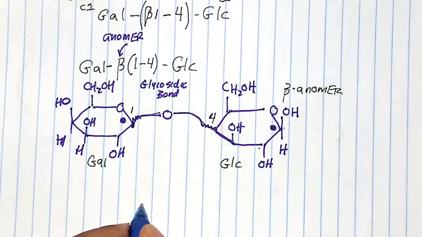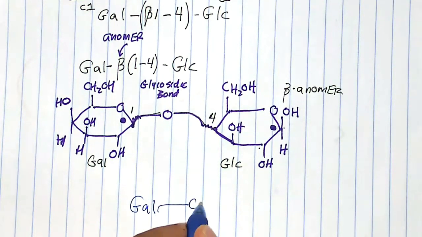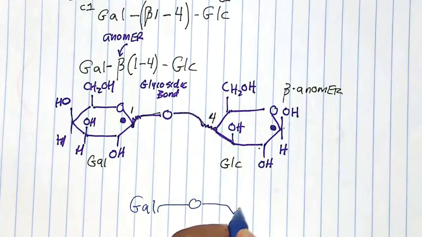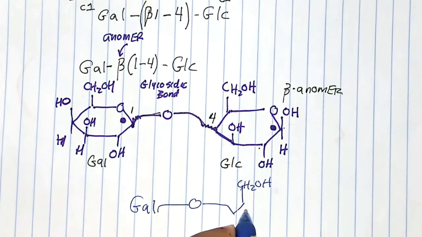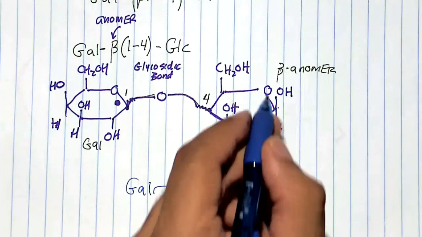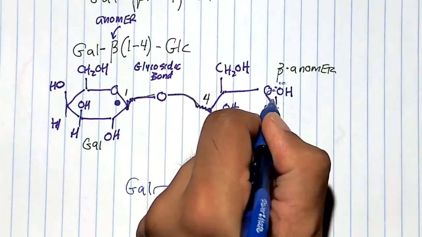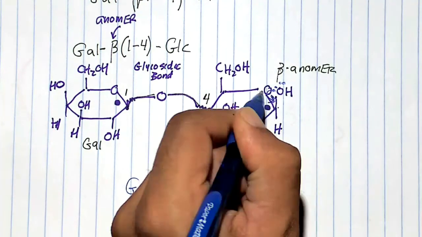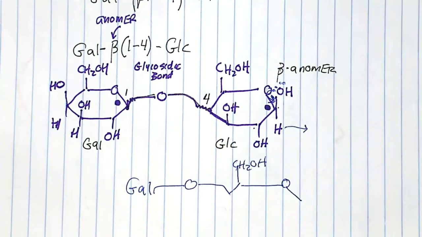So if I were to just draw that as it is, here is our glycosidic bond. Here is our CH2OH. Here is our anomeric oxygen. Now, let me show you what happens here. This pair of electrons on the oxygen can form a double bond, and this hydrogen leaves.